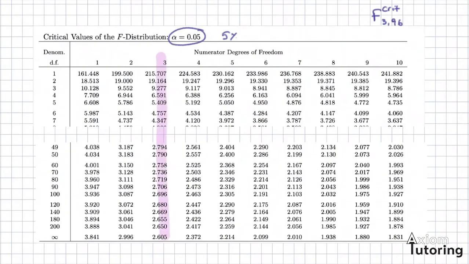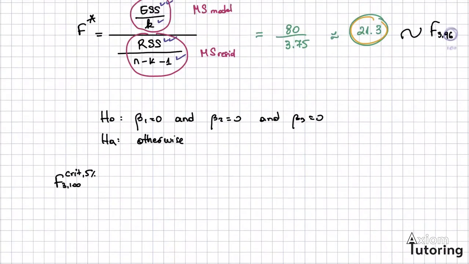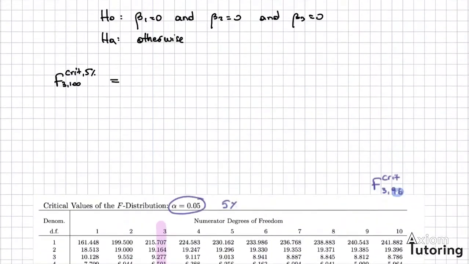And as I said, 96, even if we're not able to find the exact number, the closest to it is the 100 in here. So the way where these two intersect is 2.696. Going back, so we have an F critical 5%, 3, 100 in here is going to be, sorry, I forgot, 2.696.